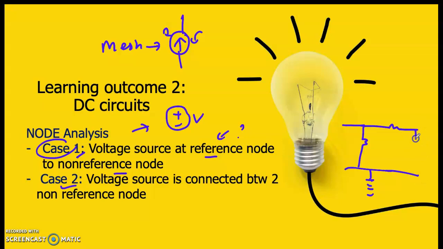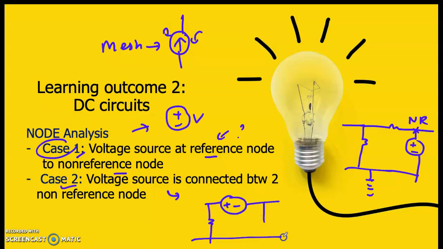So if the voltage source is connecting a non-reference node to the reference, this is case 1. Okay, how about case 2 here? If your voltage source is connecting to, here is a non-reference node, here also a non-reference node. This is case number 2.